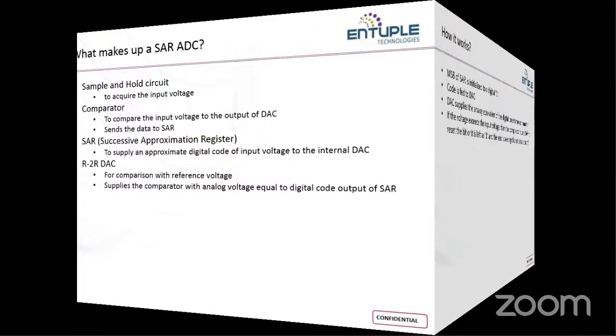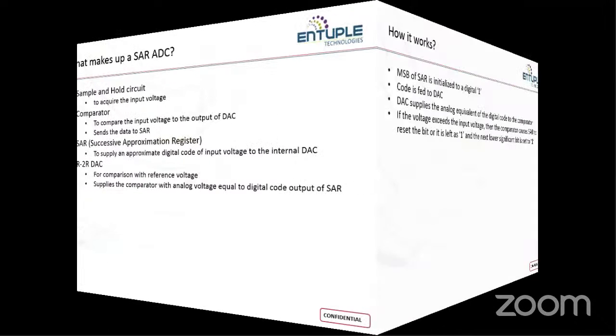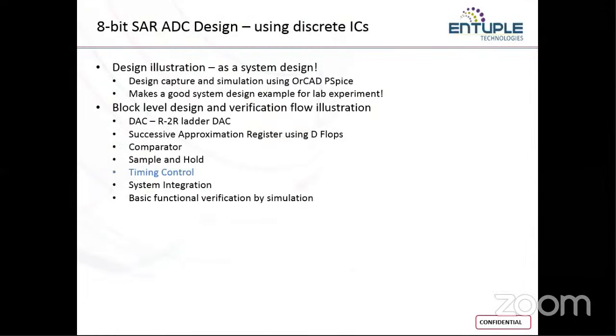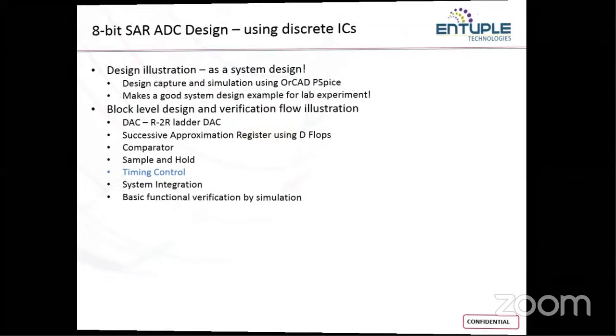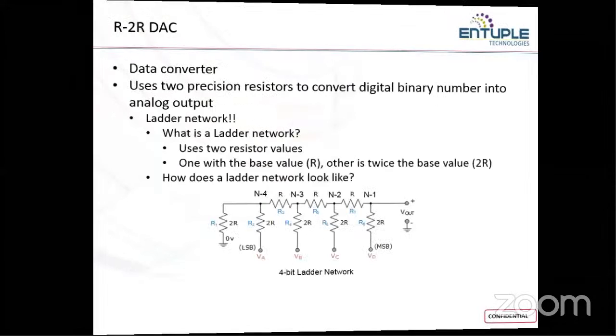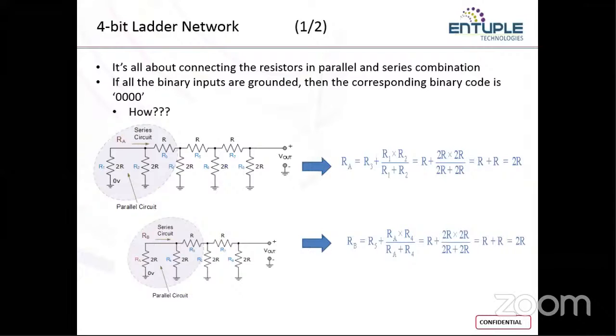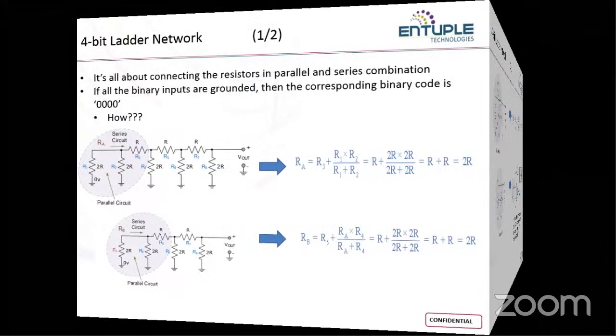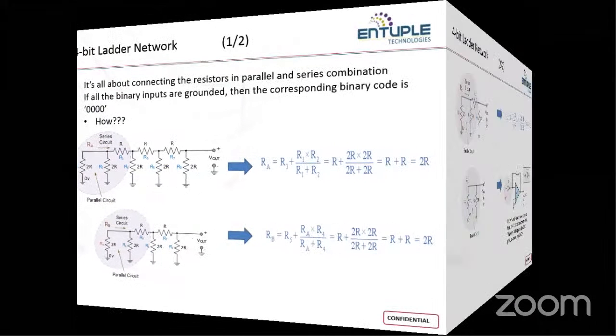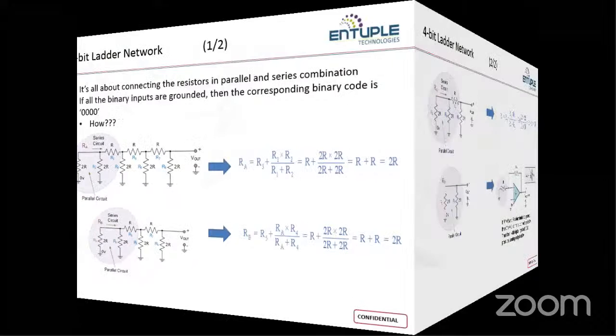And this is about how it works, and the method in which we had designed the R2R digital to analog converter: how the equivalent circuit is minimized, and how we get the value of output voltage depending on where we give the input.